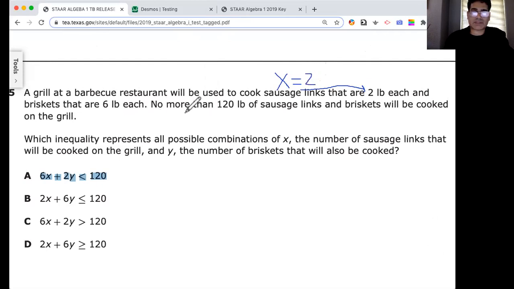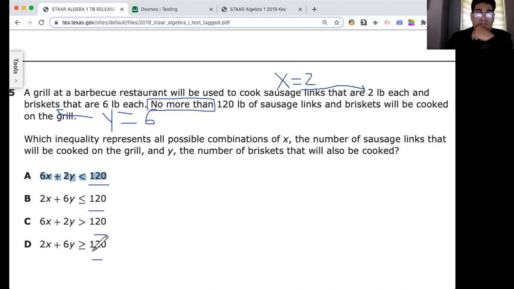Briskets are going to be the Y. If Y is equal to 6 pounds each, Y equals 6. And no more than, that's up to, it's the maximum of 120. So it could be equal or it could be less than.